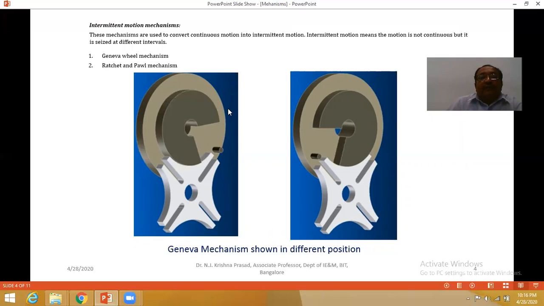Meaning, for continuous rotation of the driving member, the driven member is revolved by 1/4. These figures show the different positions when the driving member is rotated continuously.